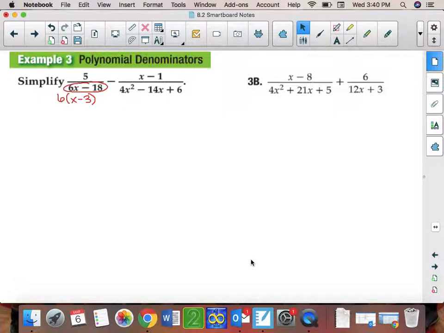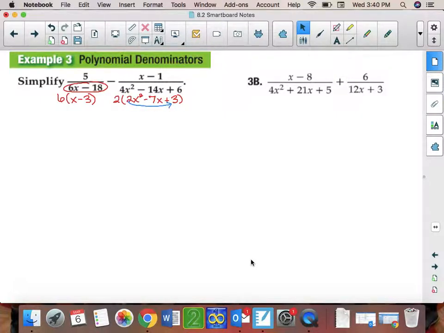And then second side, I could pull out a 2, and we'd be left with 2x squared minus 7x plus 3.